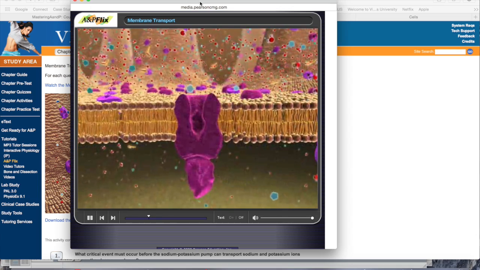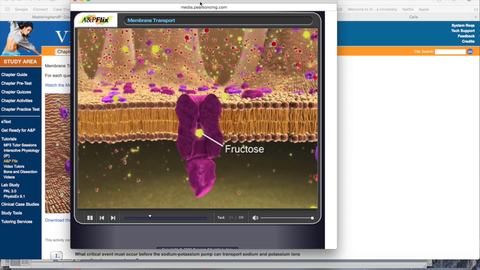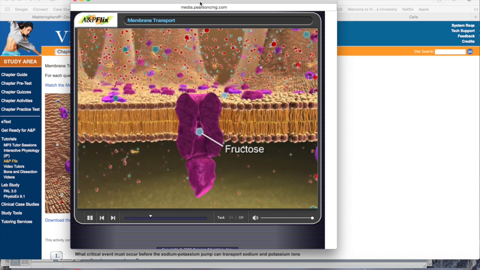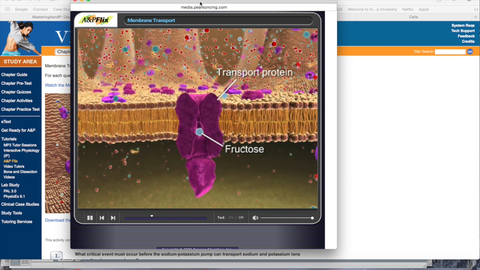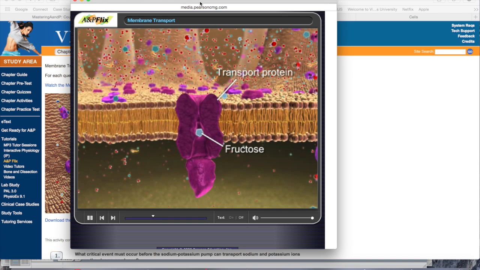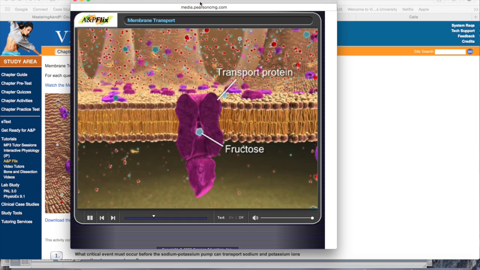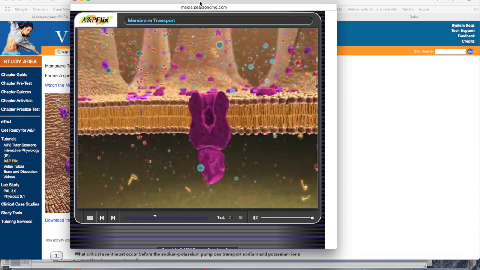Instead, molecules like the sugar fructose move into intestinal cells by facilitated diffusion, moving down their concentration gradient and through transport proteins. It also differs because it acts only on specific molecules and the transport proteins can become saturated, reducing the amount of diffusion.